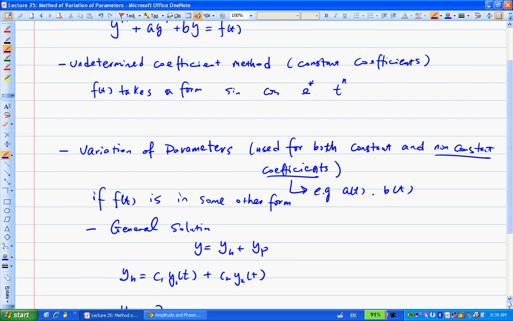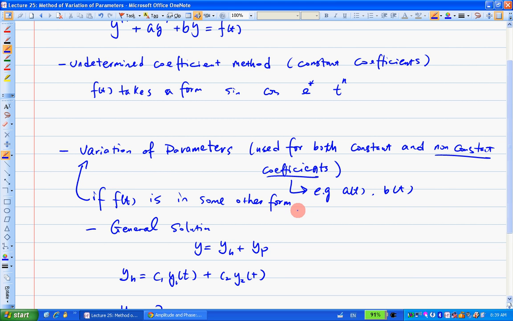If f of t is in some other format, then this undetermined coefficient method won't help, because when you look at your table, you don't have that kind of format. This is actually one of the reasons we're looking at this second method called variation of parameters.